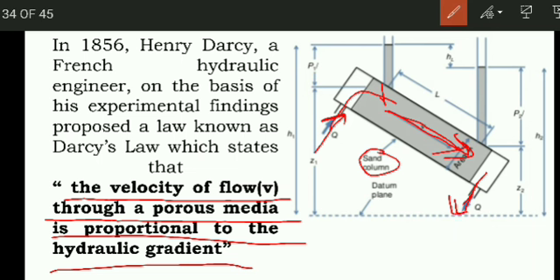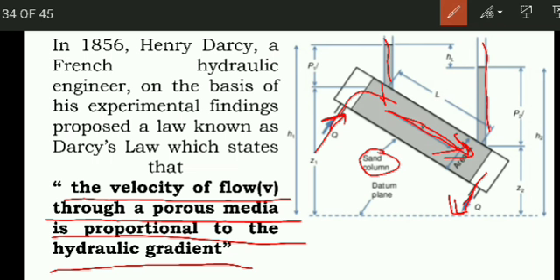So the water in the main cylindrical tube flows from left to right. There are two vertical small diameter cylinders, which you can call piezometers. You can see there are two piezometers inserted into the sand column, near the water inlet and outlet.